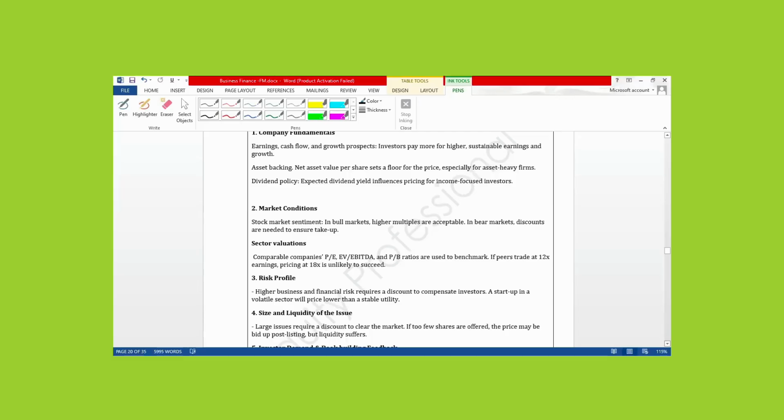Meaning that for this company, Omega Industry, we now go and look at it. What is the industry average? Which company can we compare this Omega to?